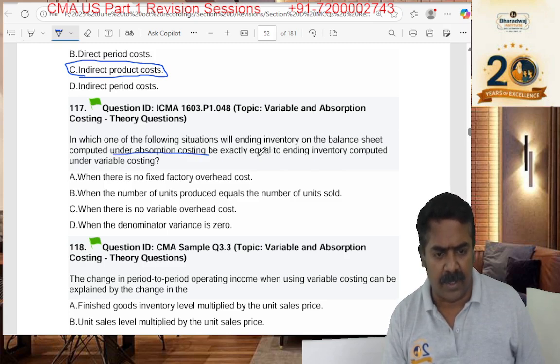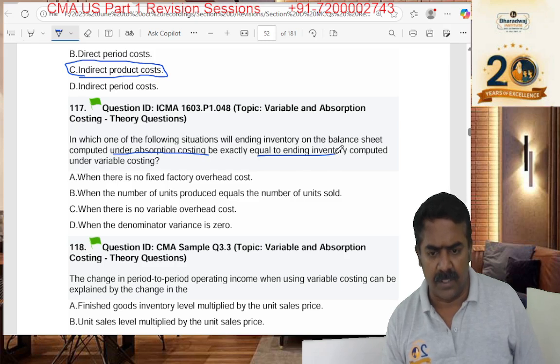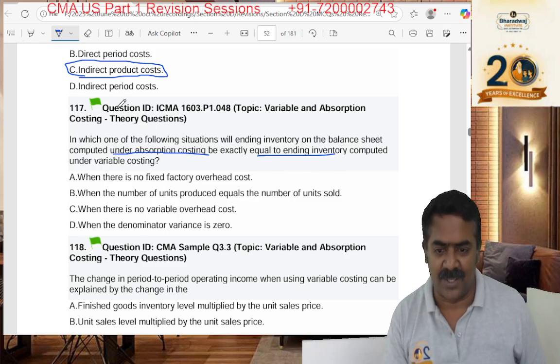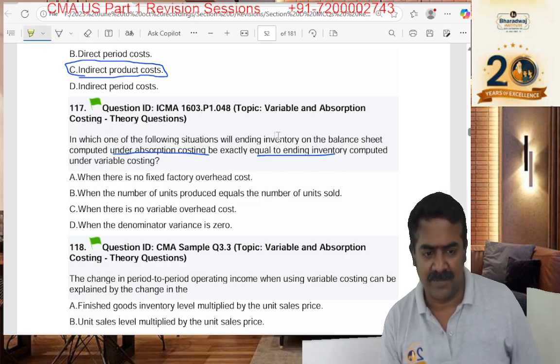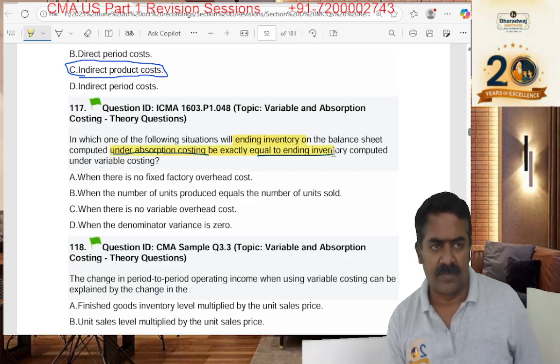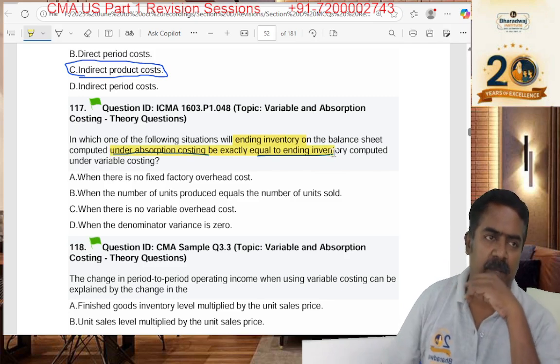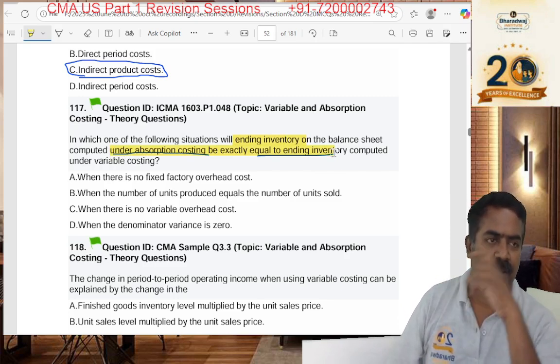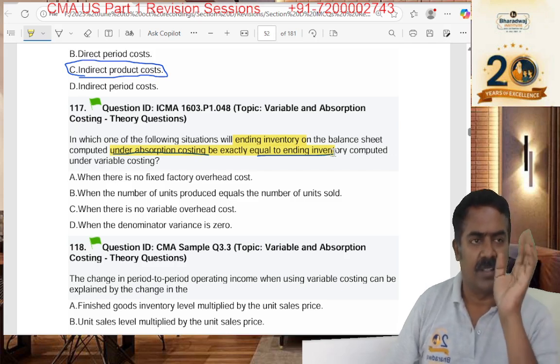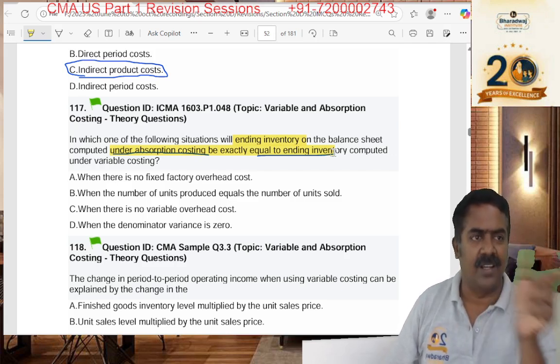In which of the following situations ending inventory in the balance sheet computed under absorption costing is exactly equal to ending inventory computed in variable costing? They are not asking profit, they are asking value of inventory. They don't ask you where the profit will be equal. They ask you ending inventory, when inventory value will be equal.